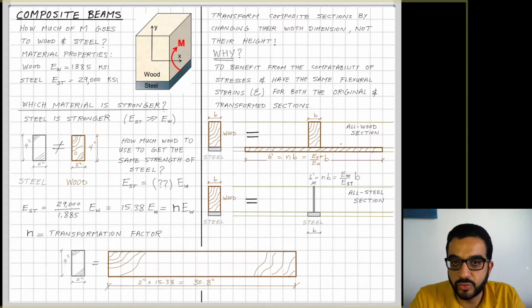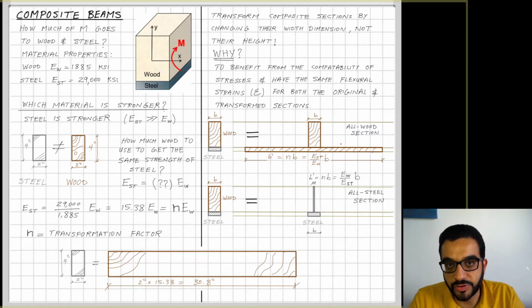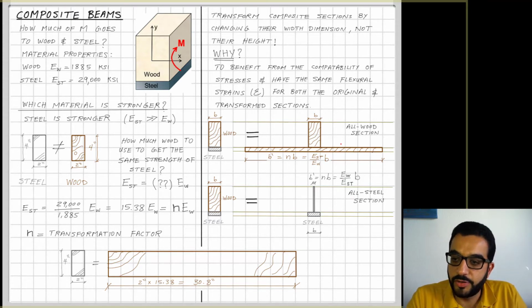The first thing to do is figure out what I is and how we can transform a section from a composite material to the same material that's still equivalent to the same type of behavior that I will see, and behavior here is the strain that will happen. So that's us learning how to transform the section.